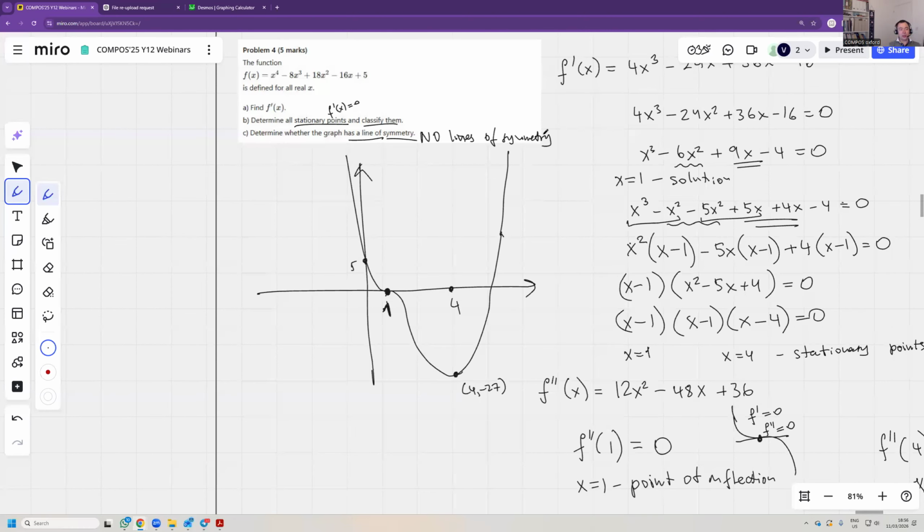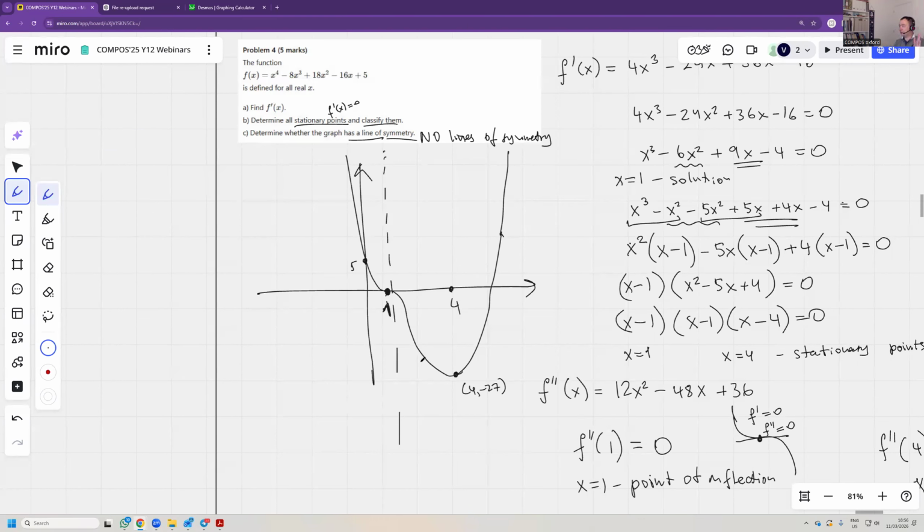So there are different arguments you could use. You could say if the line of symmetry goes through the point 1, that means it has to have a minimum point on either side. So if it had a line of symmetry, it would have to go through one of the interesting points, because there's only one inflection point.